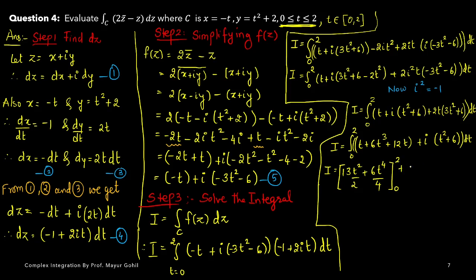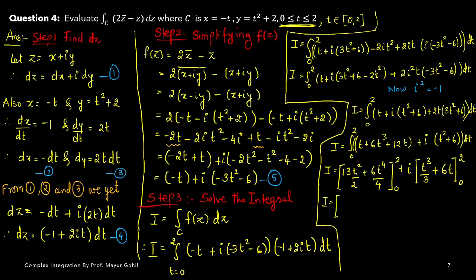For the imaginary part we will have i outside, and here it will be t cube over 3 plus 6t, 0 to 2. Okay, now what is the output over here?